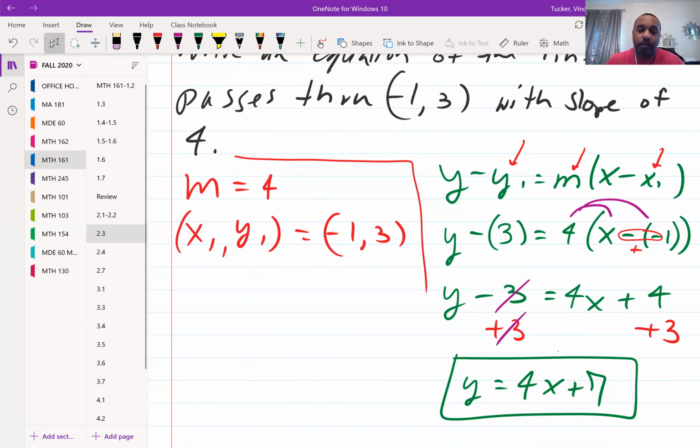So that's the equation of the line that has a slope 4 and passes through -1, 3. All right, any questions?